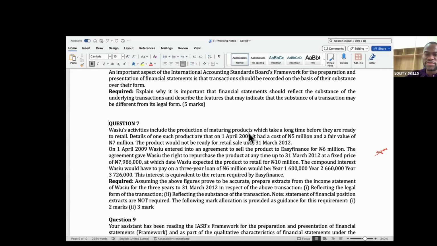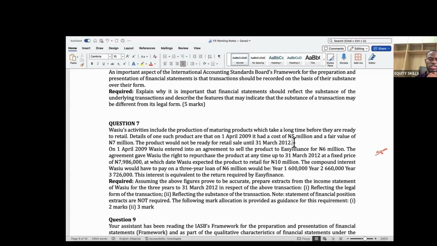The product will not be ready for retail sale until 31st March 2012. On 1st April 2009, Wasiu entered into an agreement to sell the product to Easy Finance for 6 million. The agreement gave Wasiu the right to repurchase the product at any time up to 31st March 2012 at a fixed price of 7,986,000, at which date Wasiu expected the product to retail for 10 million.